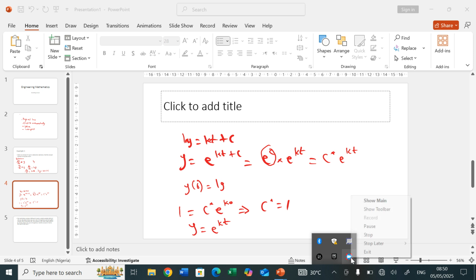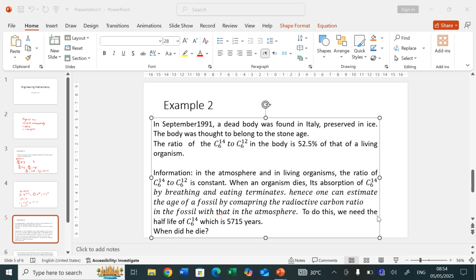So let's look at another, more advanced case. In September 1991, a dead body was found in Italy, preserved in ice. The body was thought to belong to the Stone Age. The ratio of carbon-14 to carbon-12 in the body is 52.5% of that of a living organism.